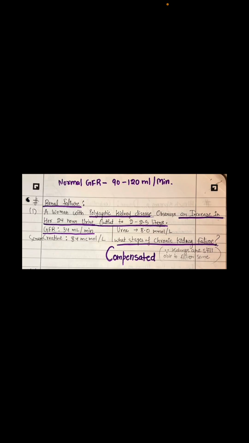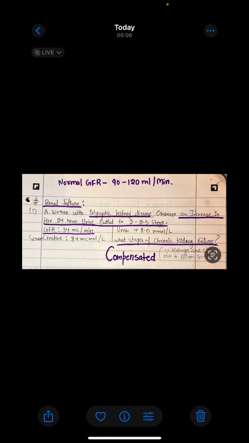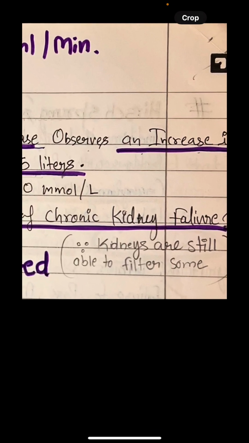So at this present stage the kidney is still able to compensate a little bit. Here it is written that the kidneys are still able to filter some, so the kidney is trying to compensate its best as it can.